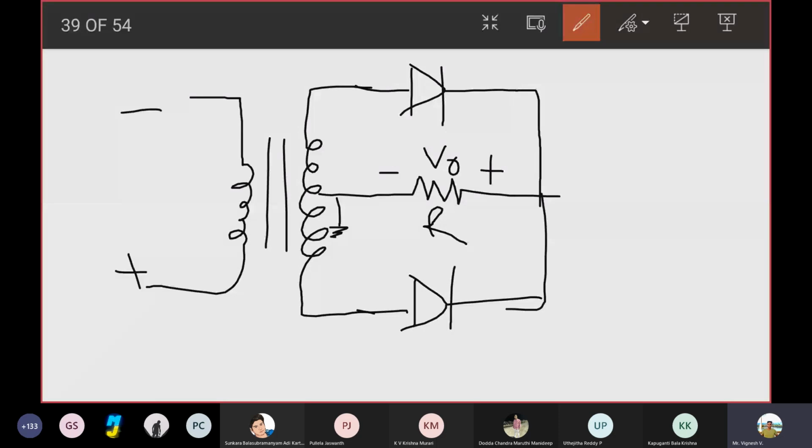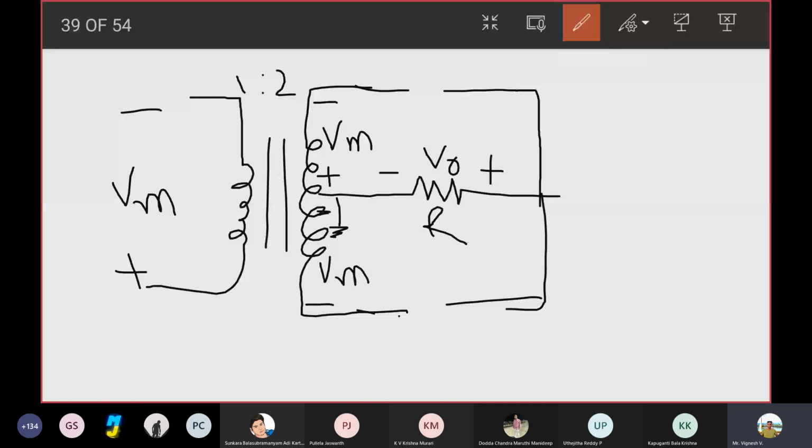So in the negative half cycle, if the turns ratio is 1:2, this would be minus Vm, and this would be minus Vm. You call these diodes D1 and D2. Anyways, I will not name them now because it's not required. Tell me which diode is forward biased and which is reverse biased. The upper diode is reverse biased and the lower diode is forward biased, right?